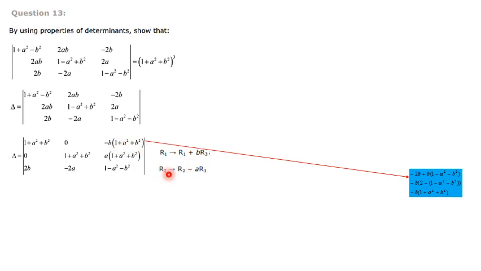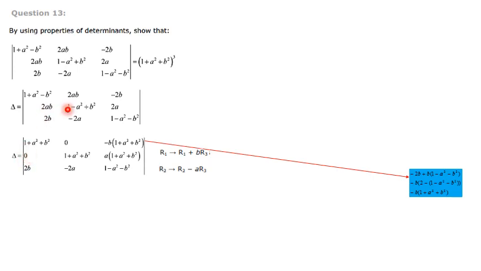Next r2 changes to r2 minus ar3. So r2 is 2ab minus a into r3. So a into 2b, that is 2ab again. So 2ab minus 2ab, that becomes 0.